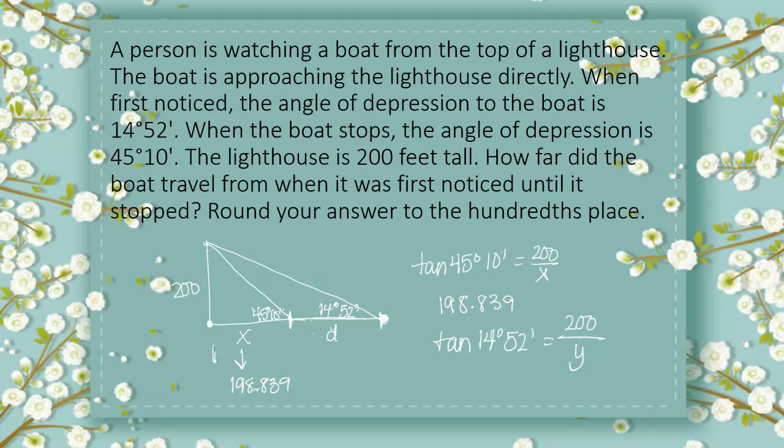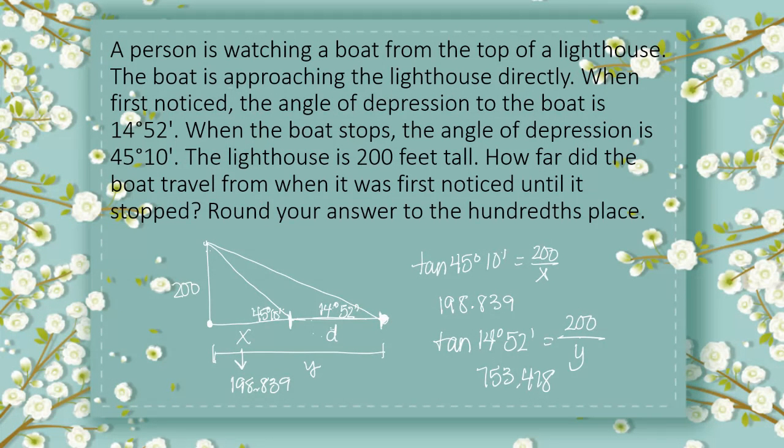I'm going to call this whole length y this time, just so I don't confuse myself with too many variables, okay? I'm going to divide again, so 200 divided by the tangent of 14°52'. Don't forget to close your parentheses, and we get 753.418. That's the total distance of the long side.